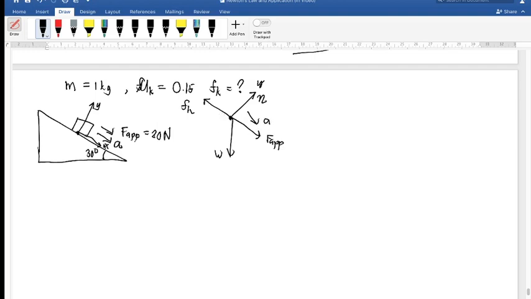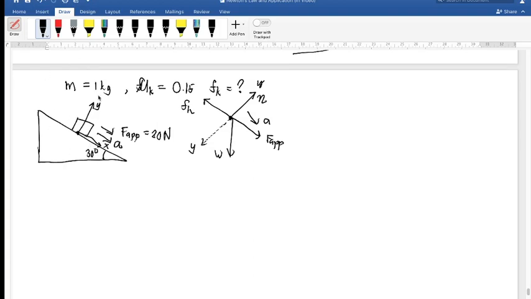Now how can we get the, so if you have to extend this one, so this is our y, diba? So the weight is not anymore on the same line of y, so therefore we cannot directly ibutang gid sa summation of forces along y. Instead, we have to take note of its angle of inclination, which is 30 degrees.